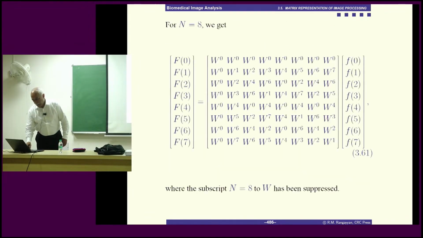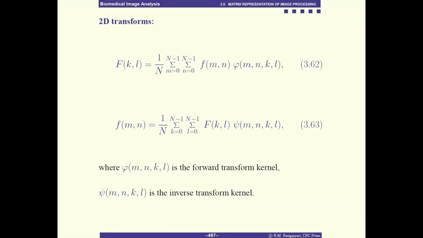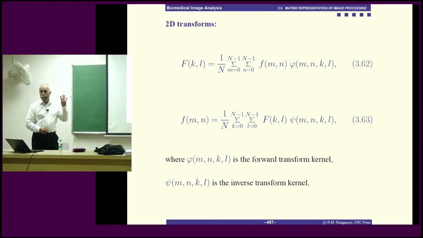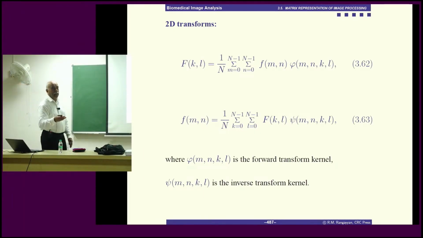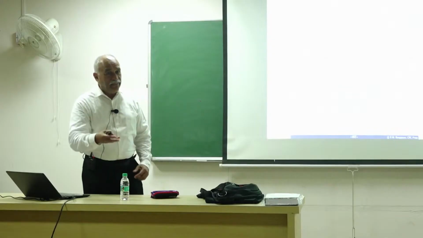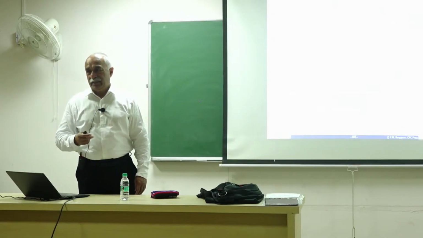Now the input has 2 indices, m and n, for x and y coordinates. The output has k, l for 2 frequencies, horizontal and vertical frequencies. So the kernel function has 4 indices, m, n, k, l. So if you have a 3-dimensional image, then the input image has 3 dimensions. There will be 3 frequencies. The kernel function will have 6 dimensions.